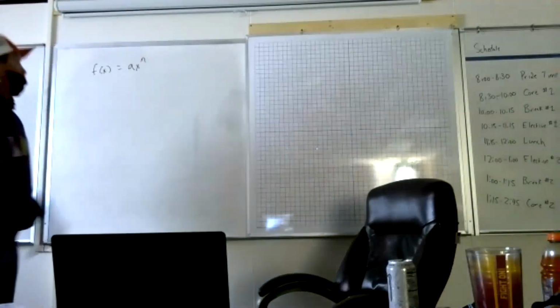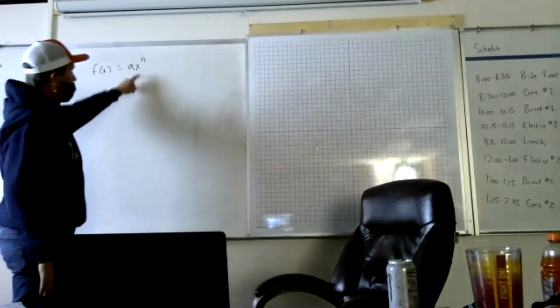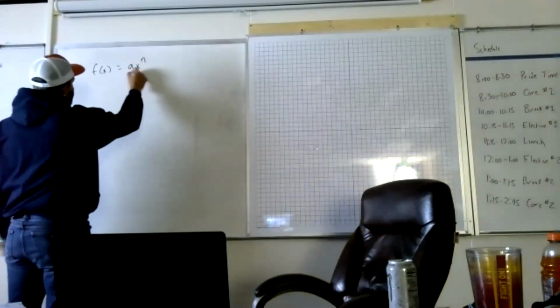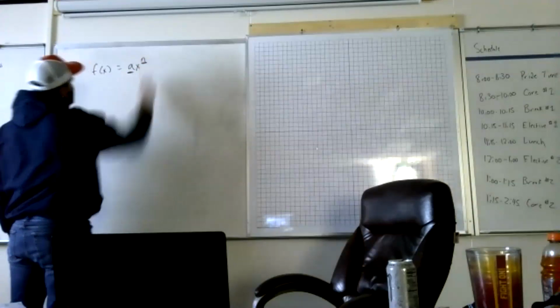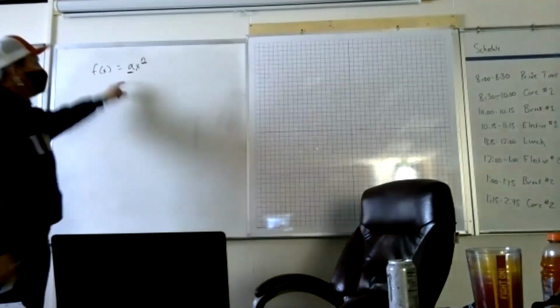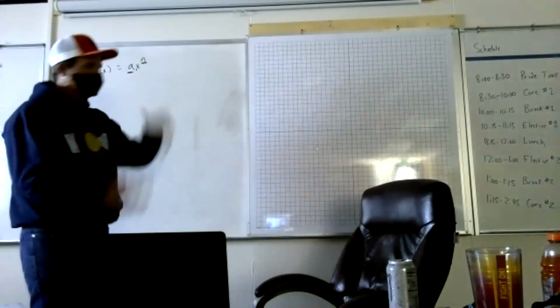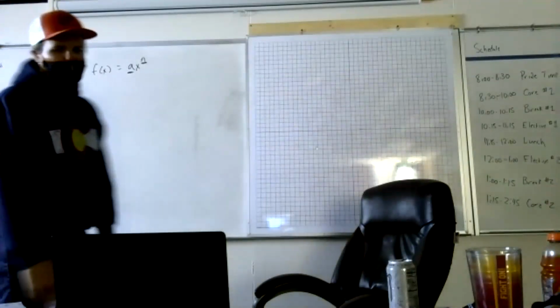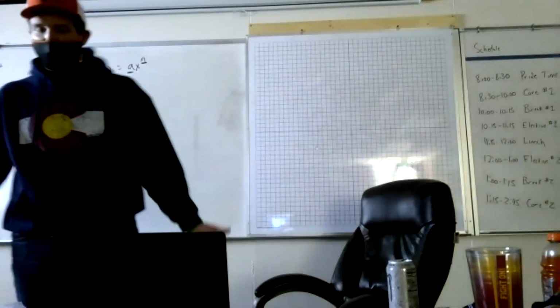Okay, so everything's going to have an exponent. It's not an exponential function where x is the exponent. We have two constants, a and n. Once again, a is your dilation factor. And n is going to determine whether it's odd or even.